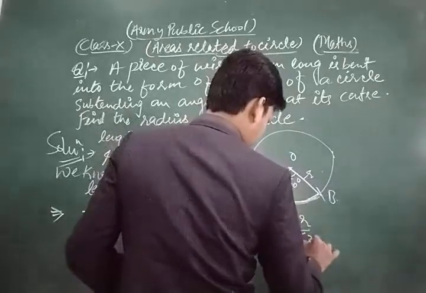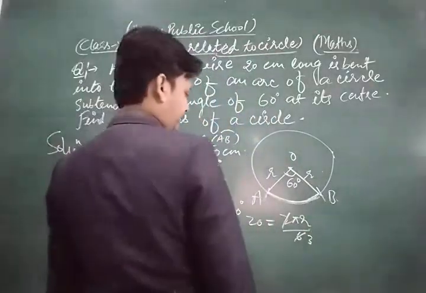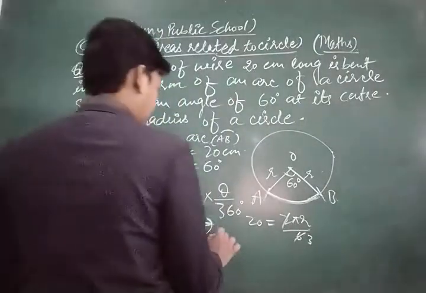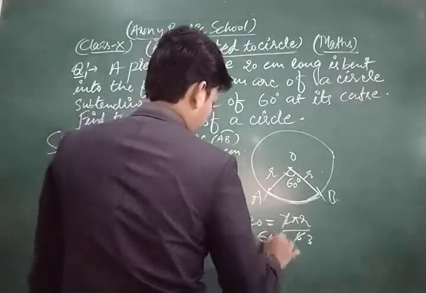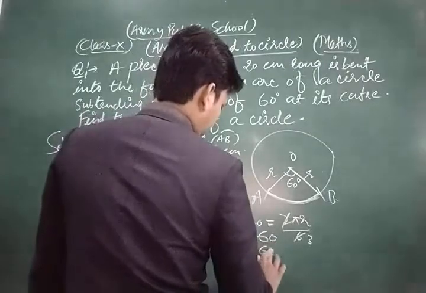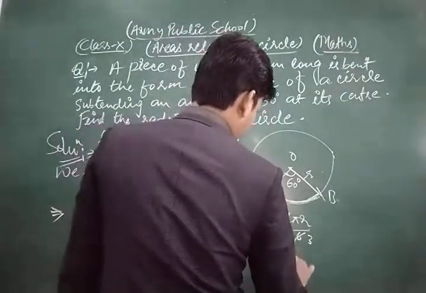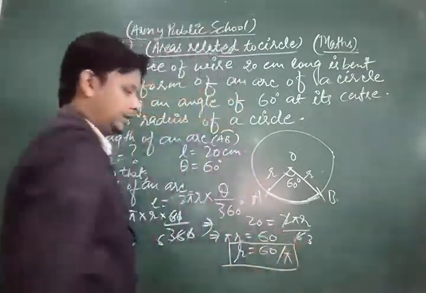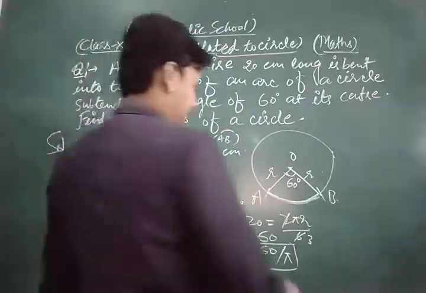So now 2 3s are 6. Now pi r is equal to 60, so r is equal to 60 upon pi centimeter.